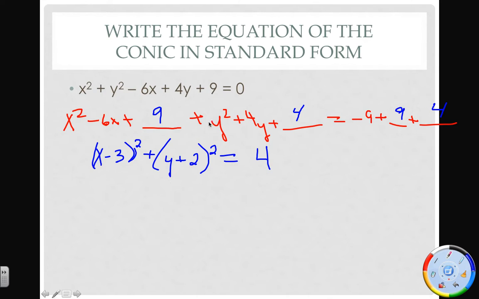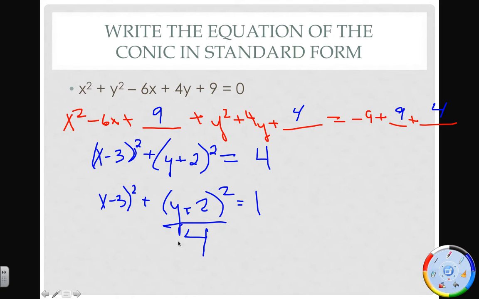Now, some of you might know what this equation is right away, but if I divide both sides by 4, I get x minus 3 squared plus y plus 2 squared equals 1. Don't forget the over 4 here.